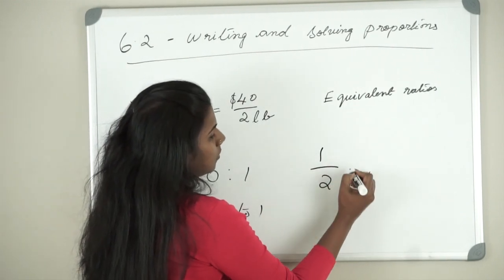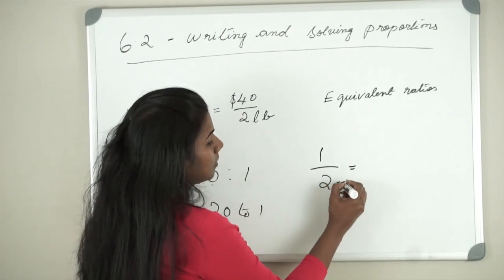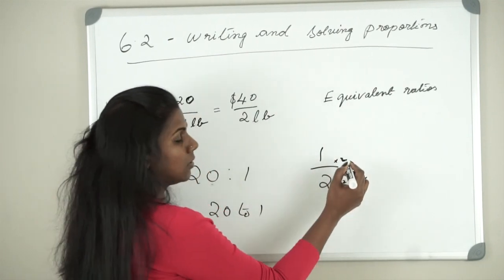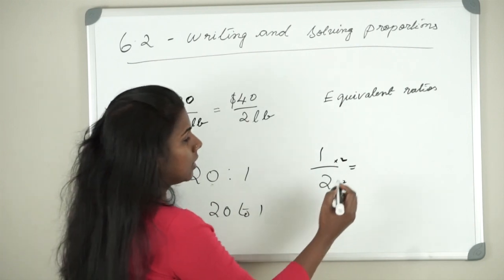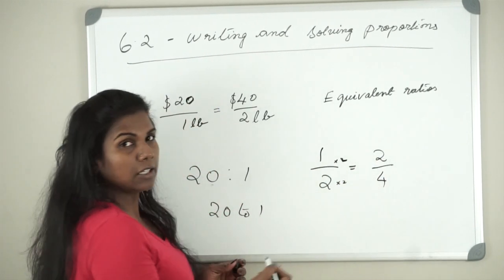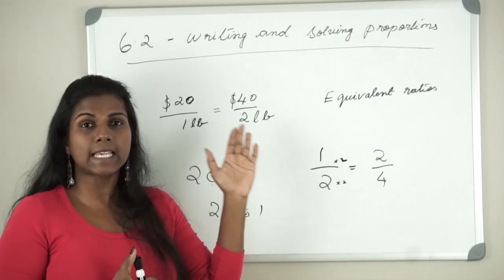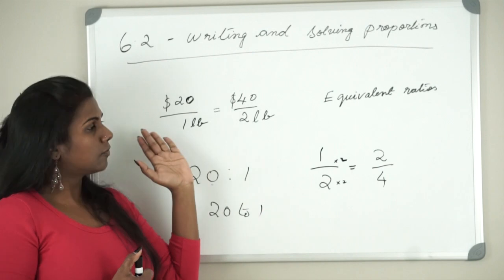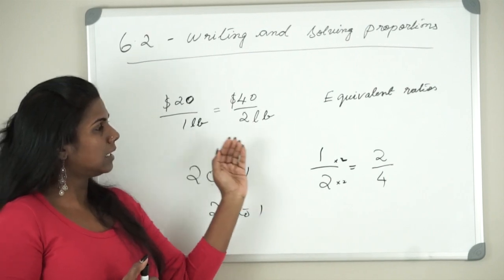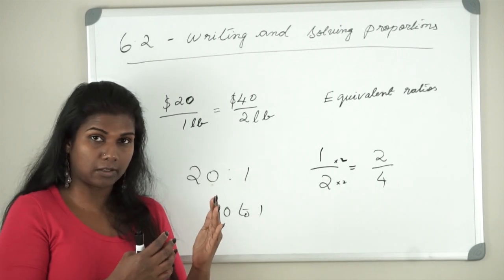If I say 1 over 2, I can write an equivalent fraction for this. I can multiply any number on numerator and denominator and come up with an equivalent fraction, right? So this would be an equivalent fraction. So when you compare two ratios, we do the same thing. We find if one is an equivalent fraction to the other, or equivalent ratio to the other, okay?